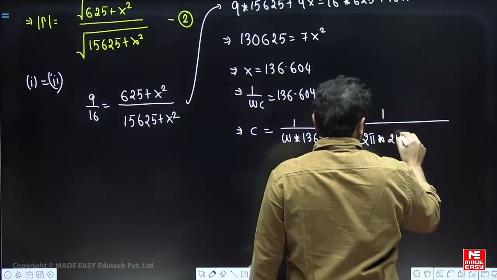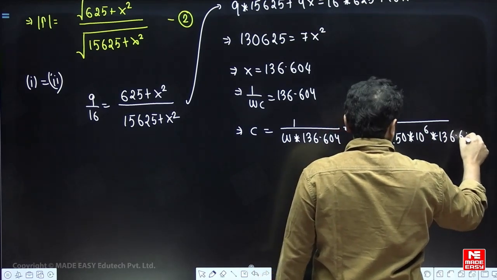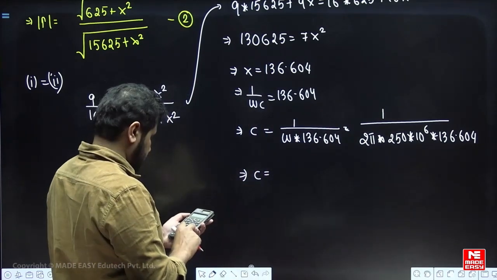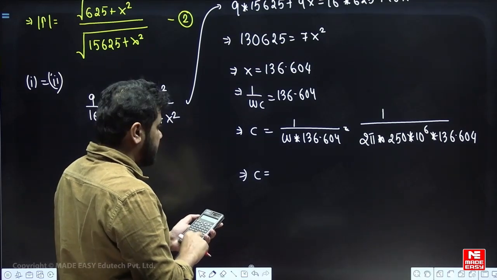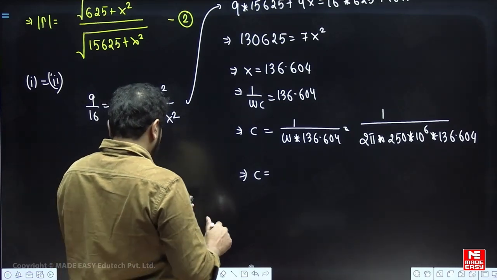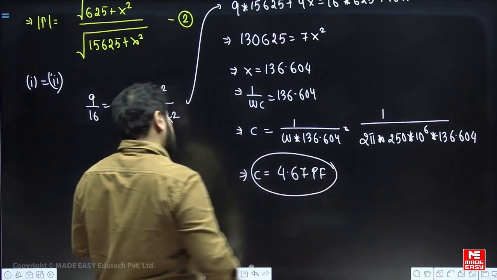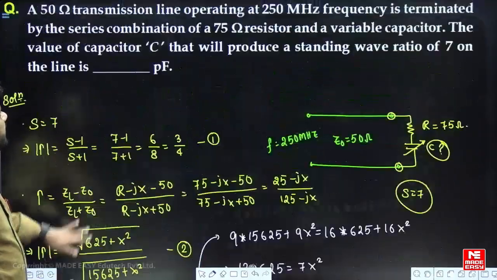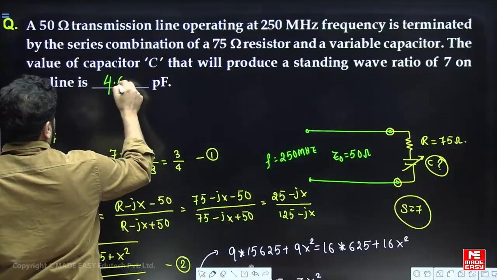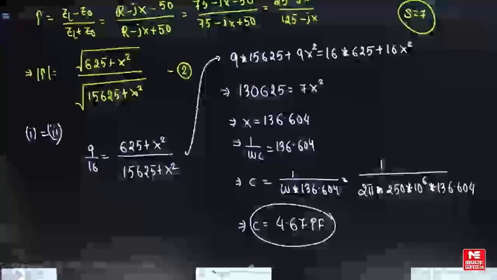So it is 250 into 10 to the power 6 into 2 pi into 136.604. So 1 divided by answer. I am getting 4.67 picofarad. So capacitance I am getting 4.67. So answer should be 4.67 picofarad.